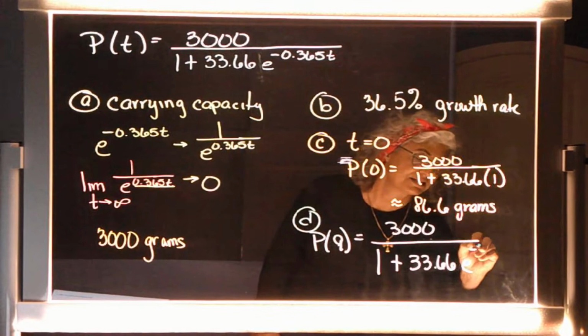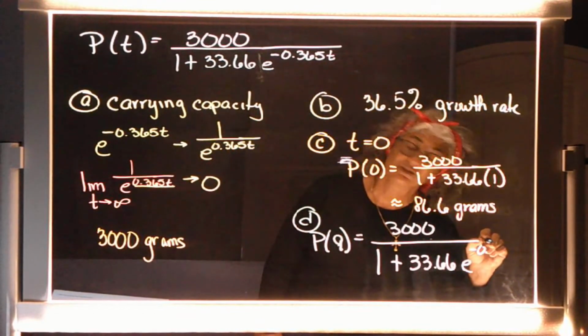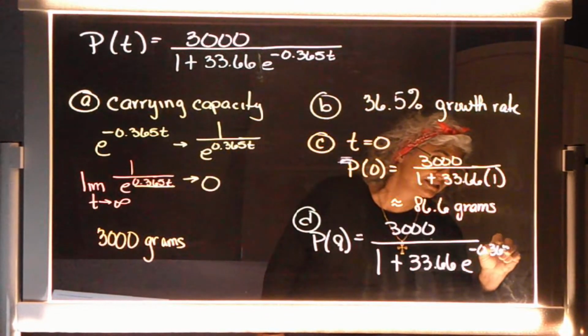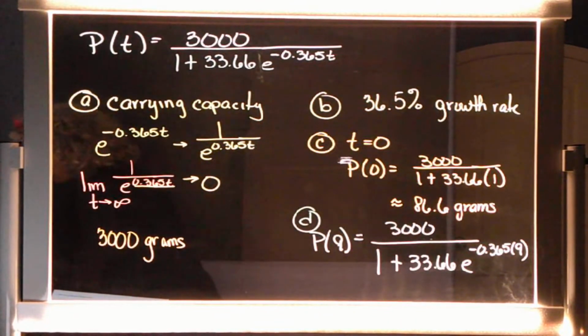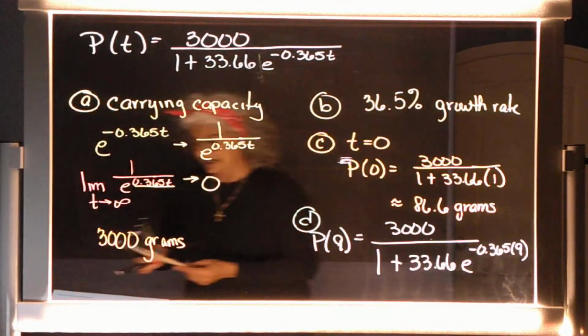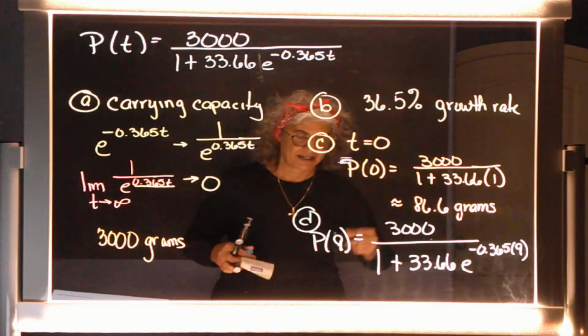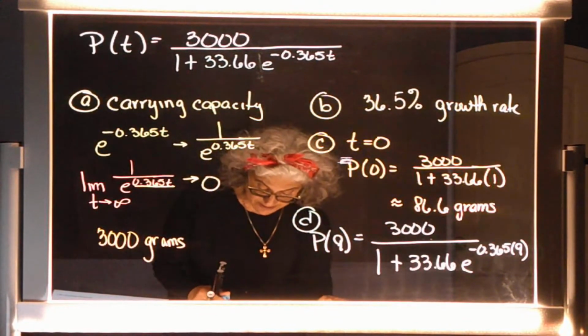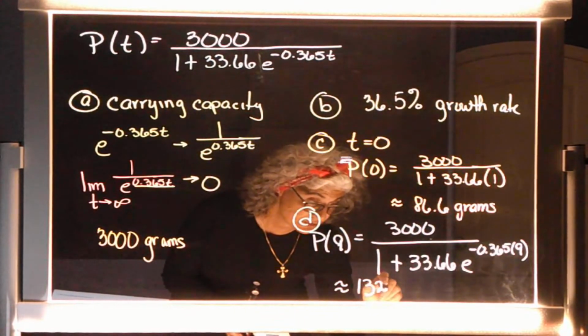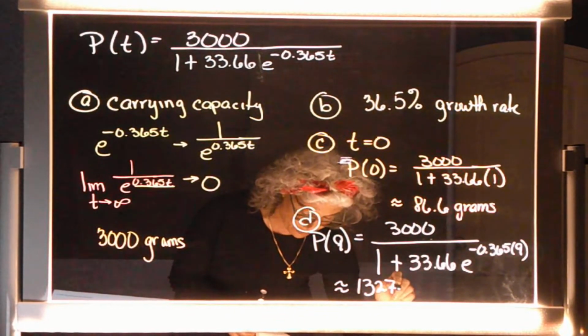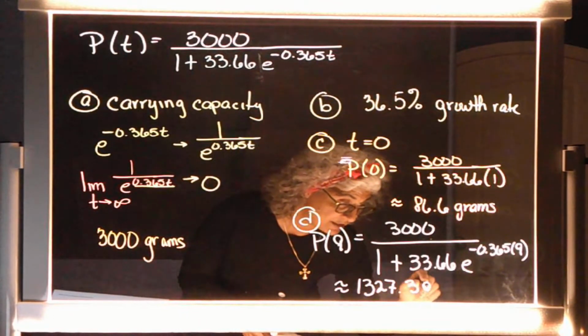So when you're plugging it into your calculator, you have a better idea. Times 9. Okay, so I already did my work, and I ended up with approximately 1,327.3 grams.